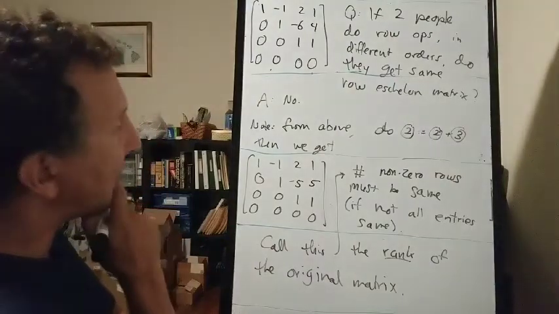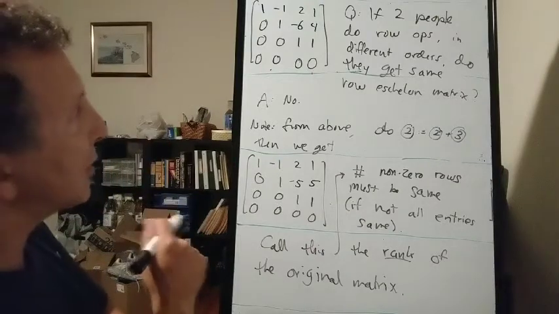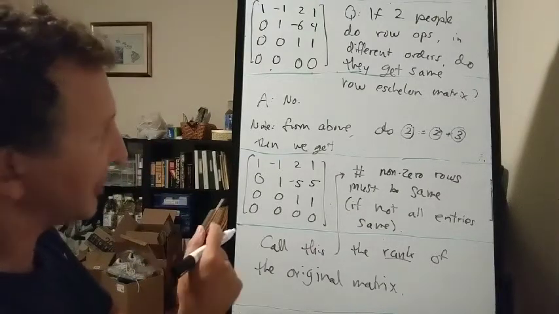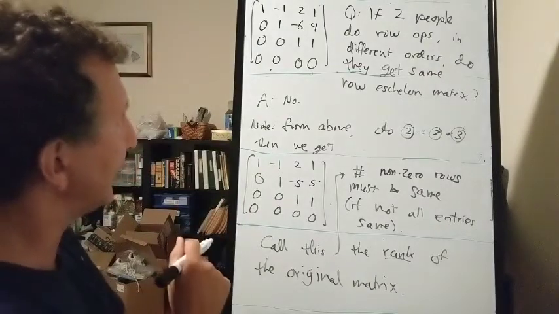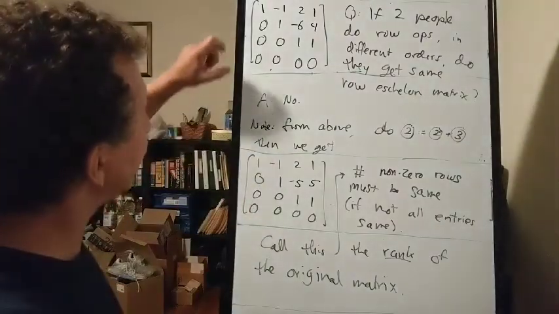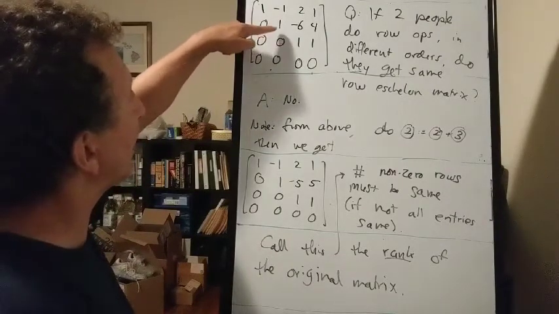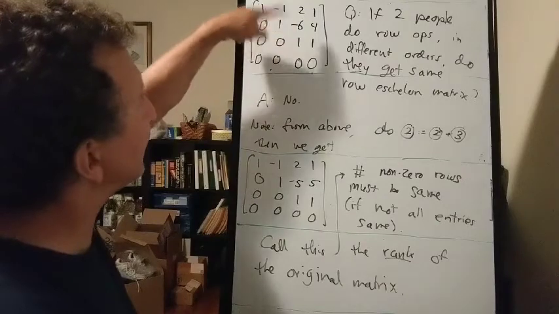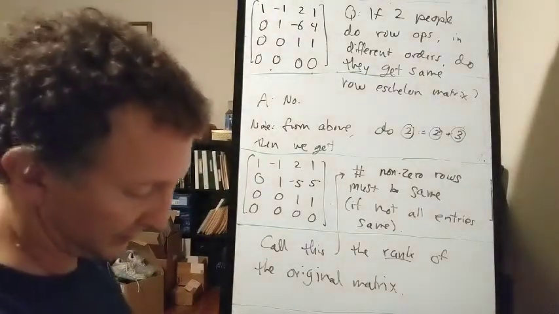Now, of all the different row echelon matrices that you could get from an original matrix, there's one that's very nice in that, in addition to having zeros below all the leading ones, you could get zeros above all the leading ones as well.